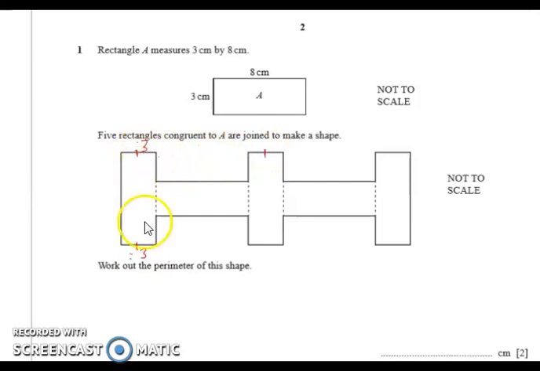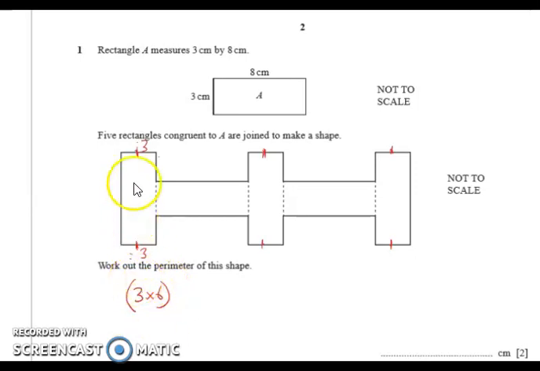So we just calculate the 3 centimeters first. We have 1, 2, 3, 4, 5 and 6. This is for the 3 centimeters, so for 3 centimeters we have 6 there.